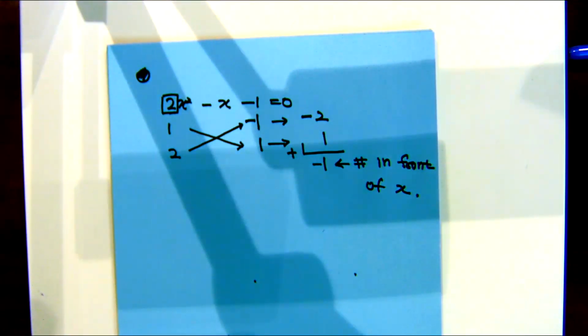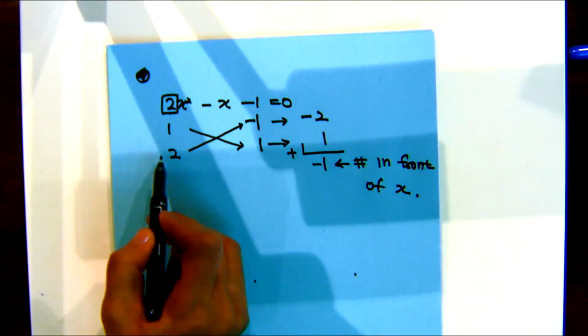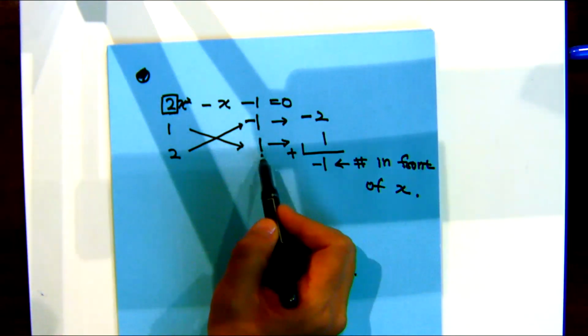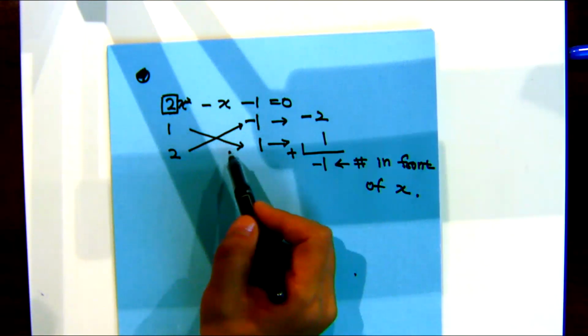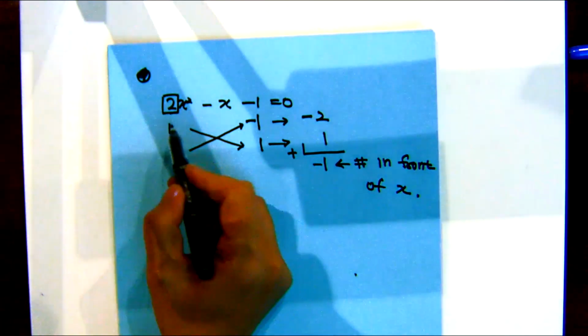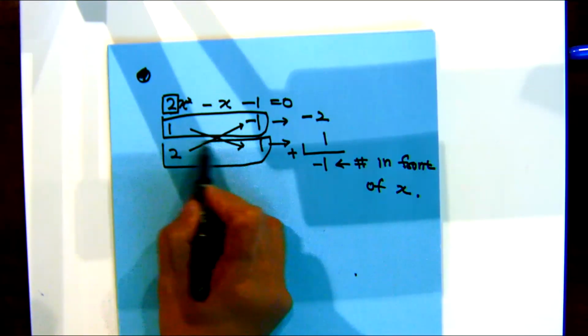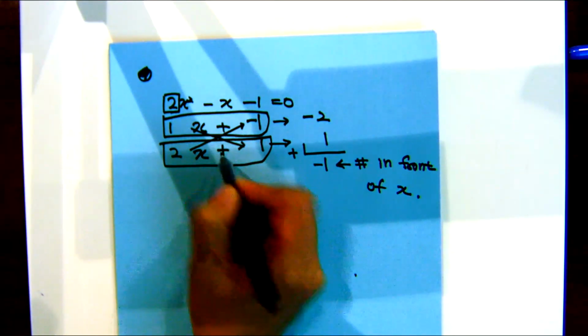So what am I doing? Indeed, it's just like FOIL. This is first, and this is last. And one of these is inner and outer. This is FOIL organized a different way. So this one is x, and just add.